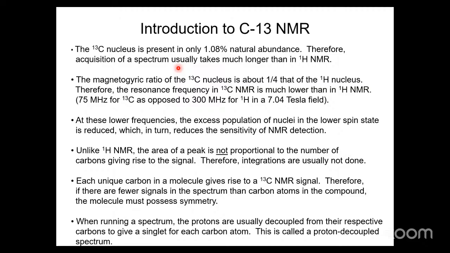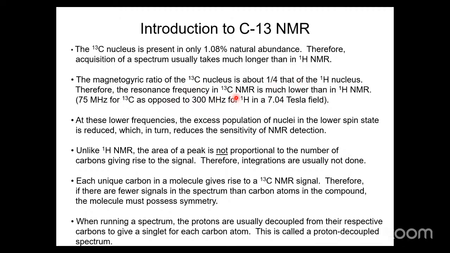We already know the carbon-13 nucleus, like H1, has spin 1/2, but it received less focus until the 1970s. The magnetic ratio for the carbon-13 nucleus is about 1/4 that of H1.